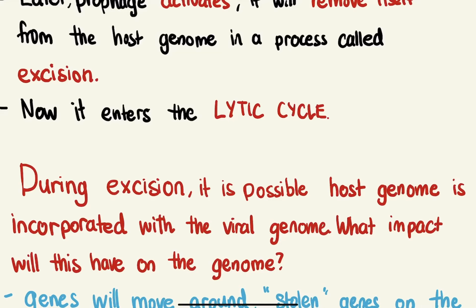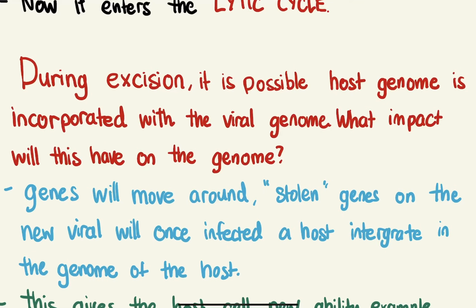So if the host cell gene, which is giving some kind of advantage, is also incorporated in the viral genome, in the sense that it's taken with it during the lytic cycle when it's activated, it's called a stolen gene. Now genes will move around, obviously. Stolen genes on the new virus will, once it infects a host, integrate with the host's genes.